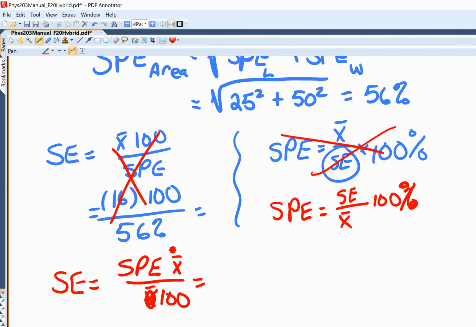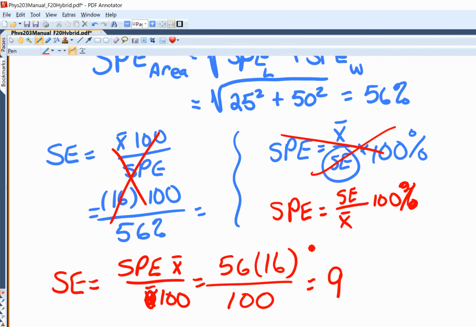And so that is 56 times 16 divided by 100. And I get 9. So my standard error is 9. That means that the area of this square, given my uncertainties, is equal to 16 plus or minus 9, whatever, square meters or whatever it is.